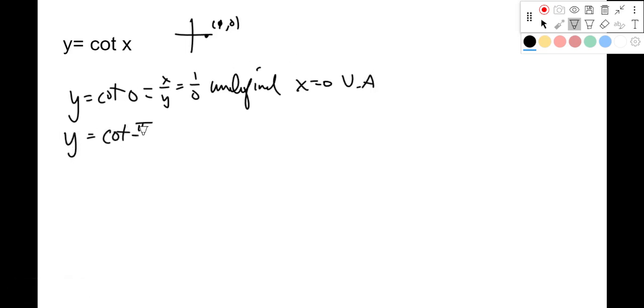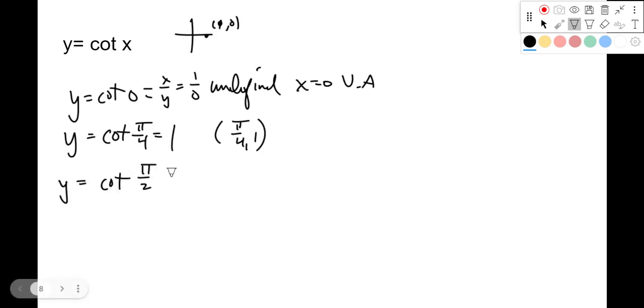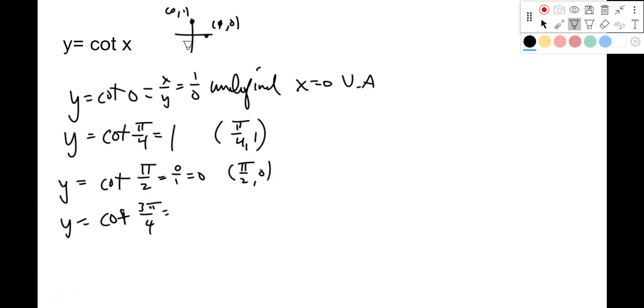So we're going to use pi over 4 again. Cotangent of pi over 4 will be 1. So that's the point pi over 4, 1. Cotangent of pi over 2. Pi over 2 is at the point 0, 1. It's x over y, so that's 0. And then we have cotangent of 3 pi over 4. 3 pi over 4, that's the point negative root 2 over 2, root 2 over 2.